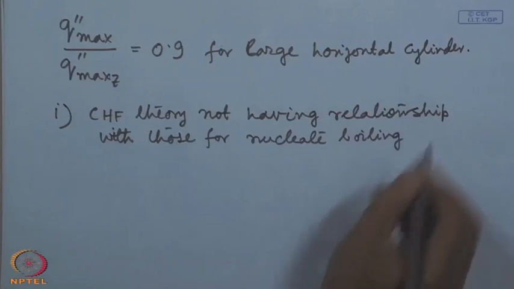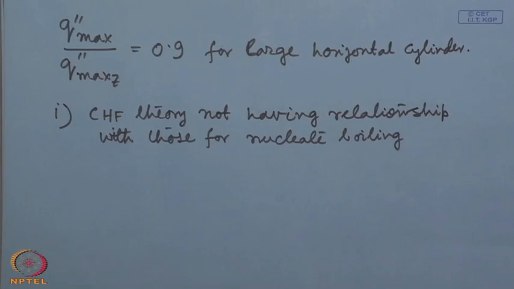But it is a phenomenon related to nucleate boiling, or it is the terminal phenomenon of nucleate boiling. So, it should not be totally unrelated to nucleate boiling, but that is what we have done in this particular case. We have proposed an entirely new physics for the explanation of critical heat flux. So, many people have reservations about this.